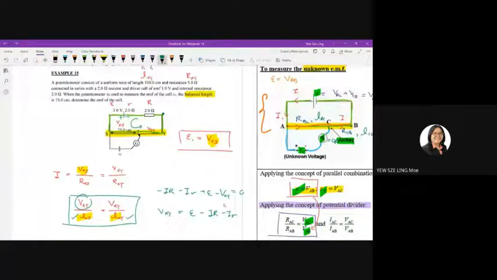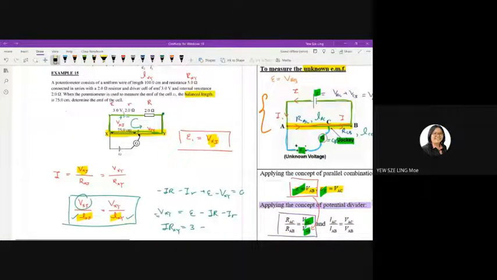Now you do have all of this information, right? EMF is equal to 3 volt, minus, do I have the I? Seems like I don't have the current, but I can determine the current if I expand this equation.